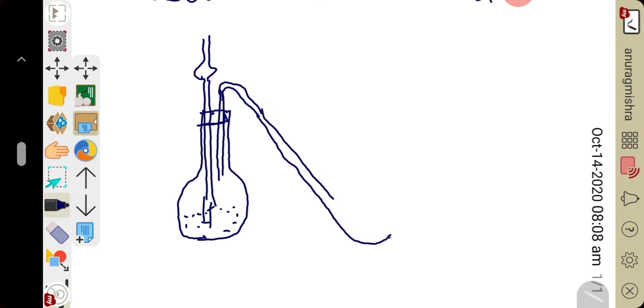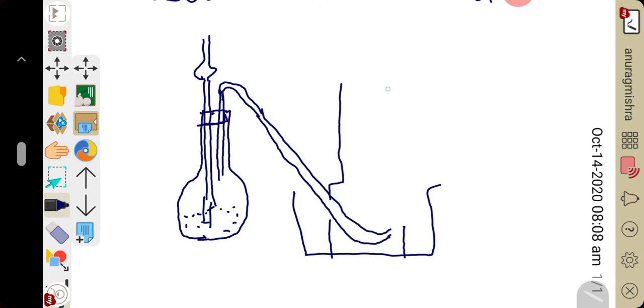This delivery tube will open into a trough, and an inverted cylinder will be kept here so that we can collect gas into it.